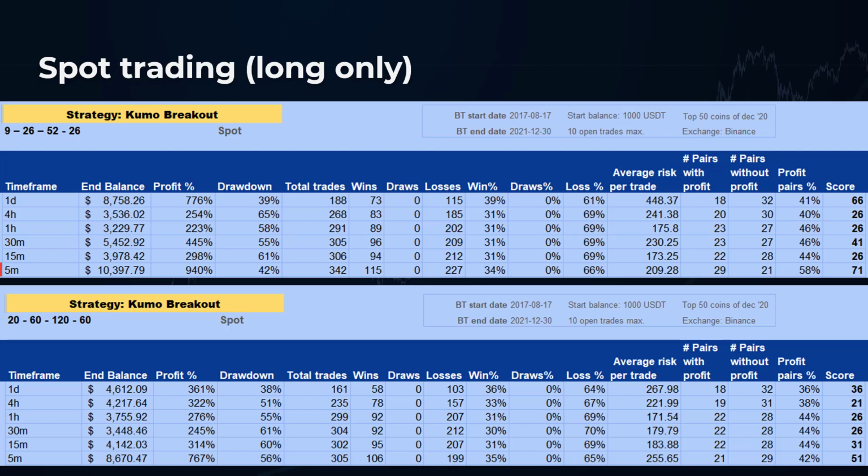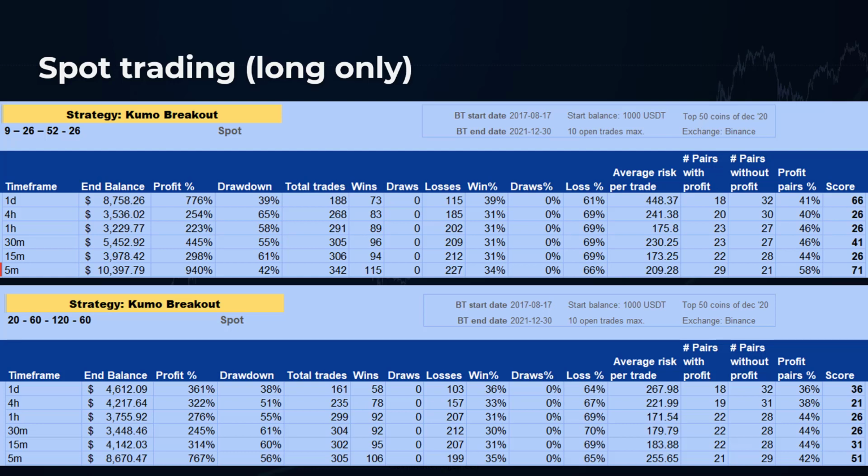What is most remarkable is that the 5-minute time frame with the original indicator settings has the highest profits, with roughly the same drawdown, win rate and applicability as all the other backtest results. At this moment I cannot say for sure why this is the case. To really find out I would have to dig much deeper into each pair and trades.